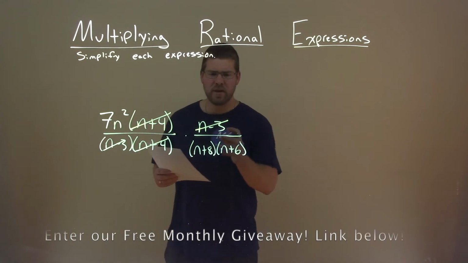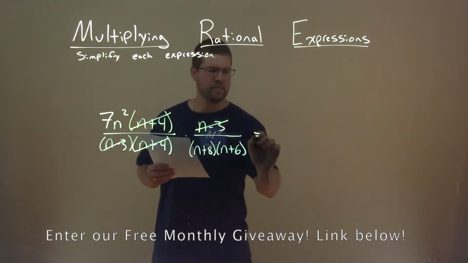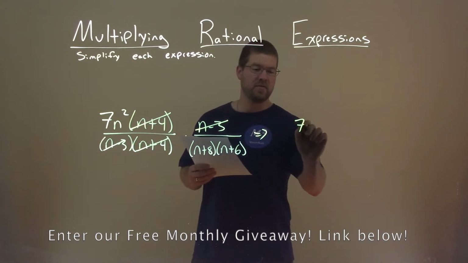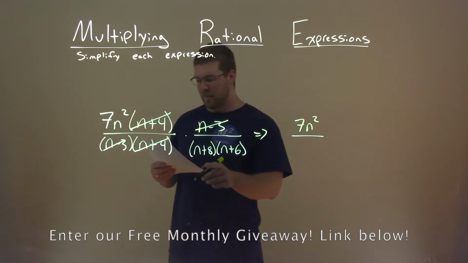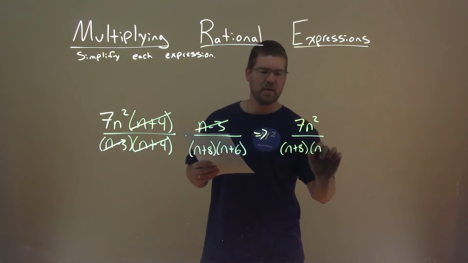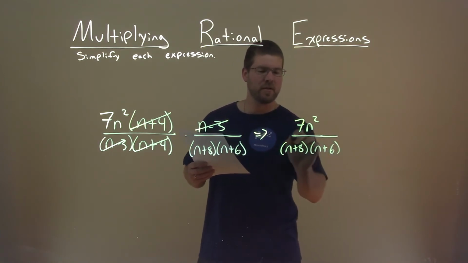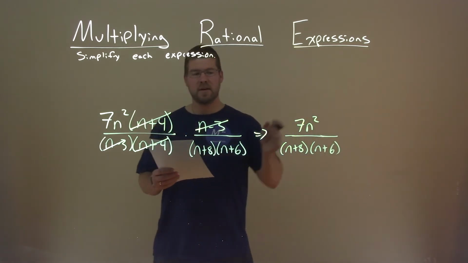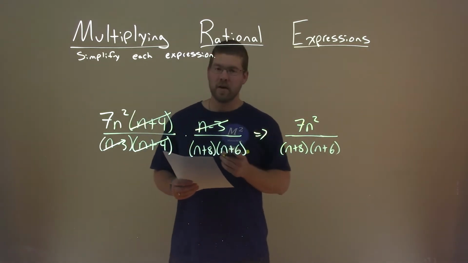There's nothing else I see that can cancel. So let's multiply across the numerator. It's just a 7n squared left over. The denominator is n plus 8 times n plus 6. That's all that's left over. And there we have it. 7n squared divided by n plus 8 times n plus 6 is our final answer.